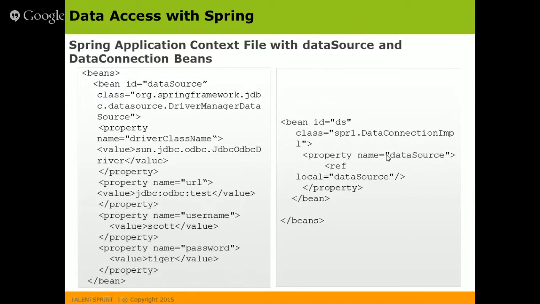an object which is already predefined, data source injected by another class. So here we are preparing one data source. On the left side you can see, by giving all the configurations of the database connection, after that it will inject this data source object into the database connection implementation class.